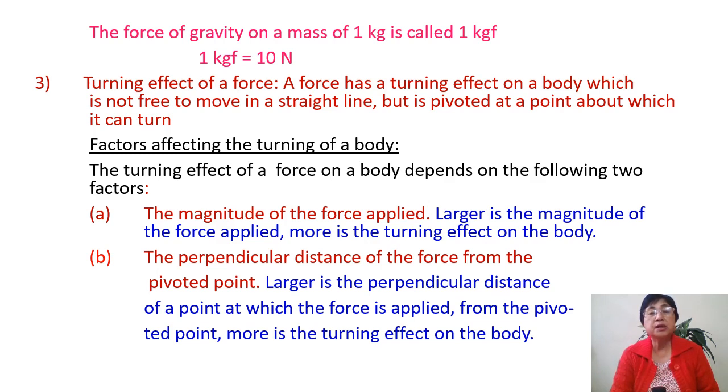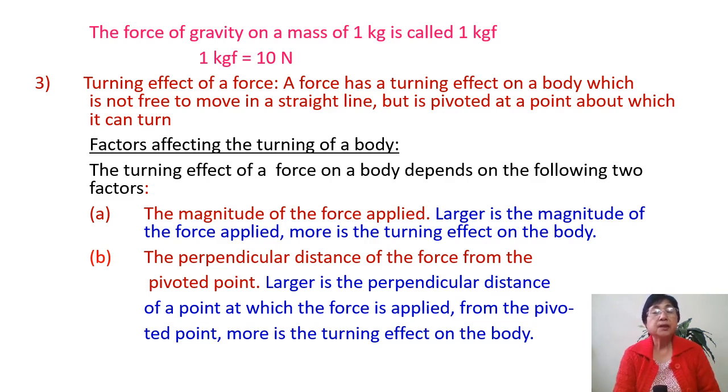A body which is free to move will move in a straight line, but a body which is not free to move, which is fixed at one point, we call it pivoted at one point, then it will simply move in the form of rotation. That means it turns around this point.